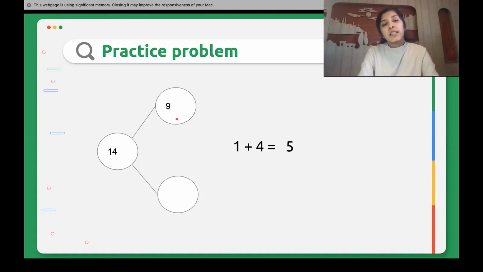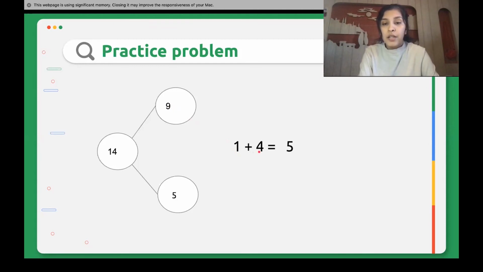So what's 4? So 9 plus blank makes 14. 9 plus 5 equals 14 because 9 needs one more to make 10. So if you take 1 from 5, it makes 10.